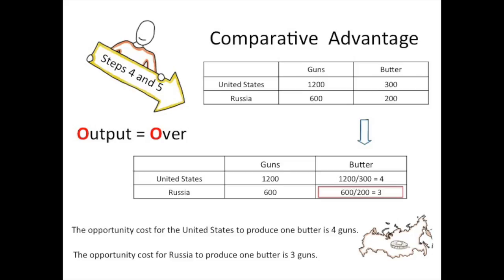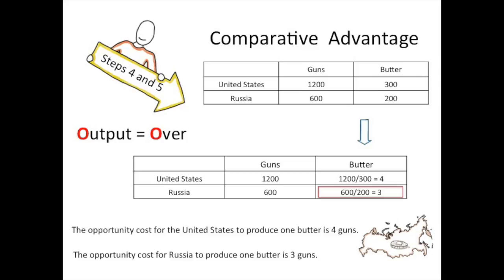To produce butter, both countries would have to give up some production of guns. Since we are talking about butter, we must go to the butter column. In order to figure out the opportunity cost for butter, you must put the number of guns over the number of butter. For the United States, you would take the 1,200 units of guns and place them over the 300 units of butter.